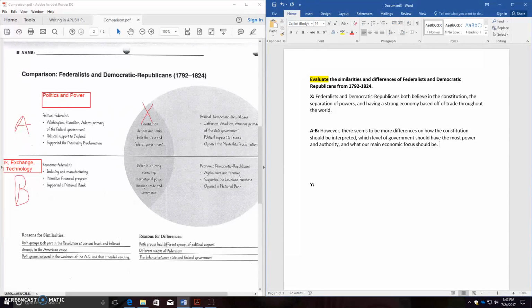Okay, so, however, there seems to be more differences on how the Constitution should be interpreted, which level of government should have the most power and authority, and what our main economic focus should be.